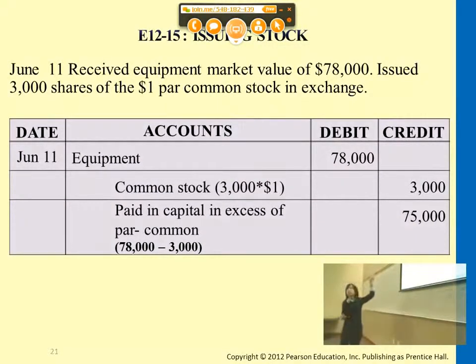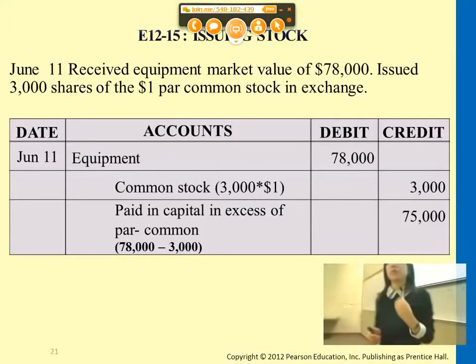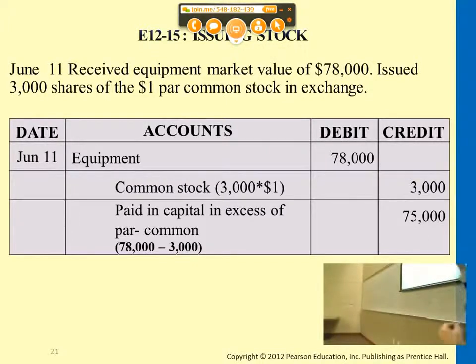Okay, so the debit side is no longer cash because this problem tells you that we are issuing stock in exchange for equipment, another type of asset, not just cash. So we receive equipment, $78,000. Common stock is the part of the equity that we're giving away to others by issuing stock, $3,000, so the difference, $75,000, is paid-in capital in excess of par.